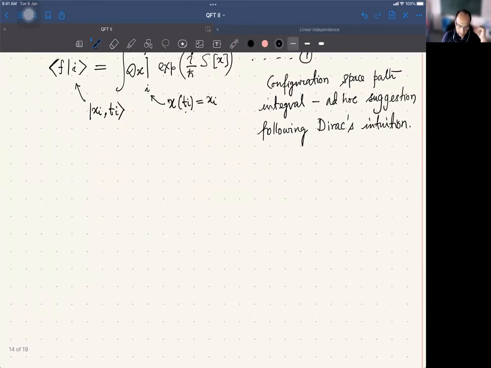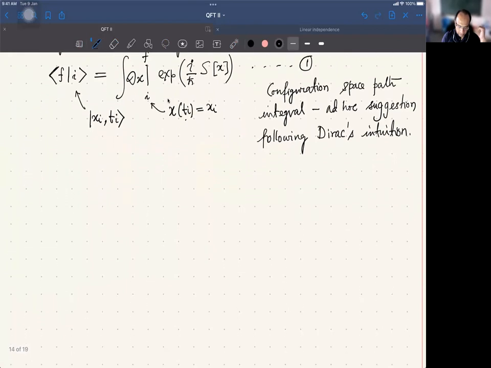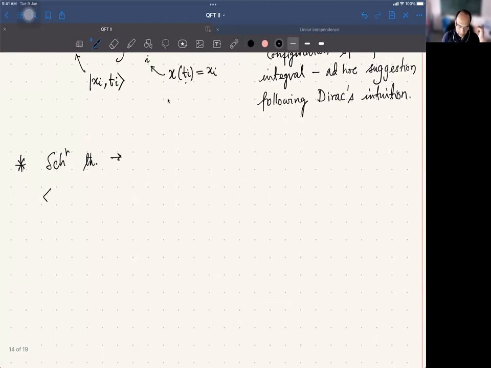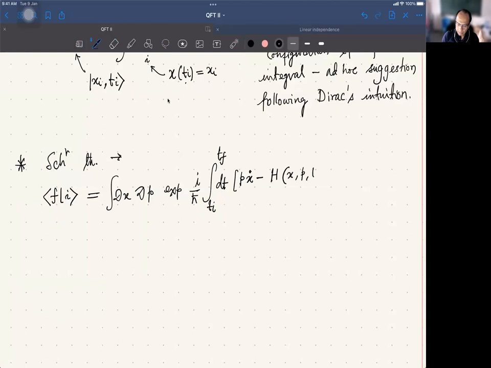And the other result which we derived, that is derived from Schrodinger theory. The same matrix element, if I, is given by the integral dx dp, exponential i over h bar integral dt from ti to tf of p x dot minus h.